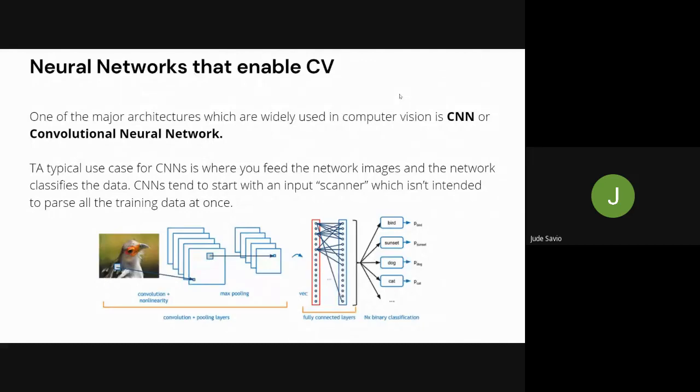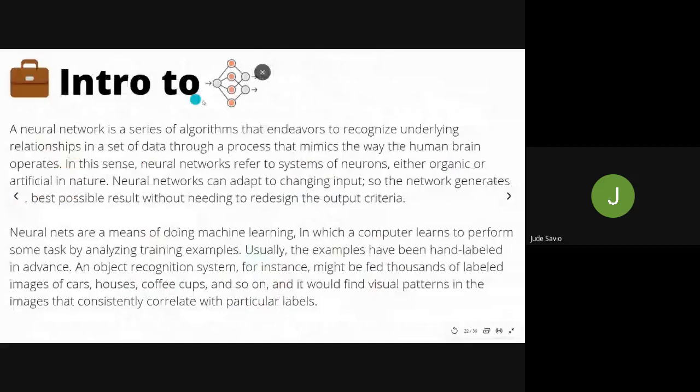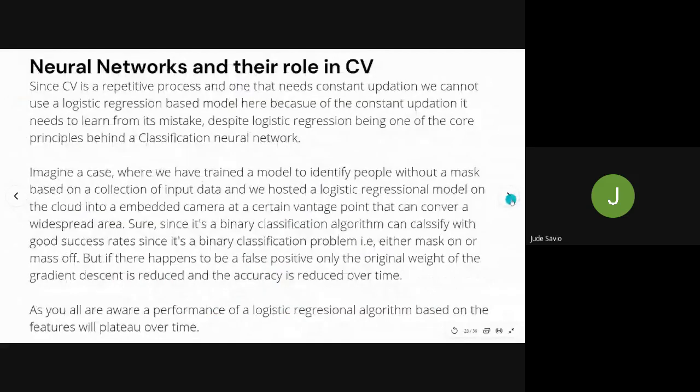A basic representation of a neural network, like the particular image I showed you back here. If you could see this particular neural network, this is a generalized neural network which has one input layer, one hidden layer, and one output layer, right?